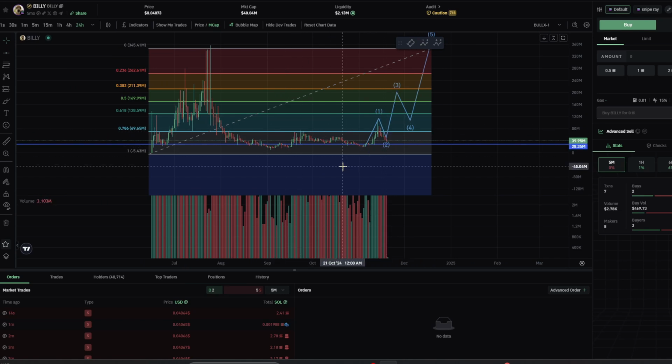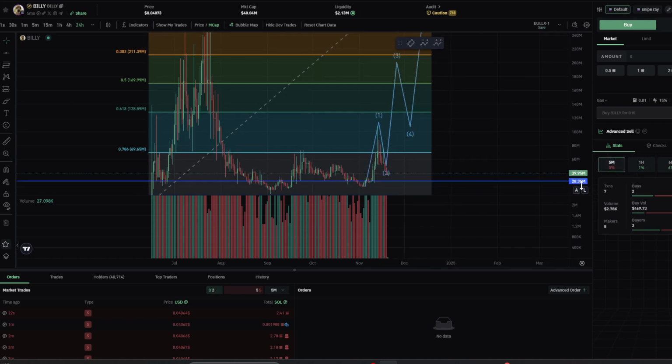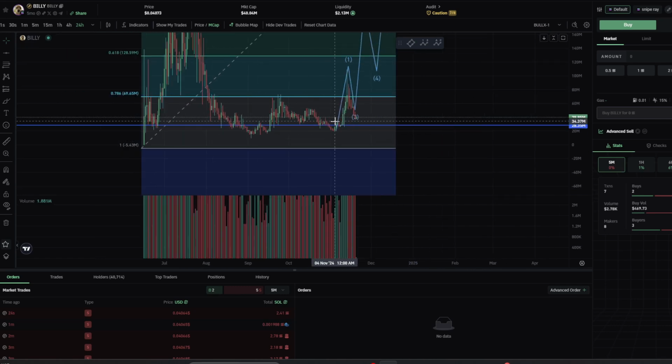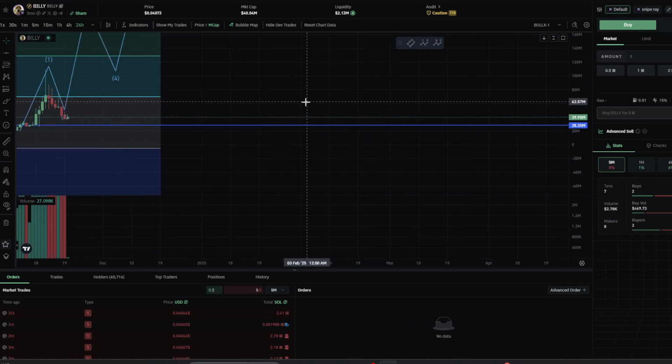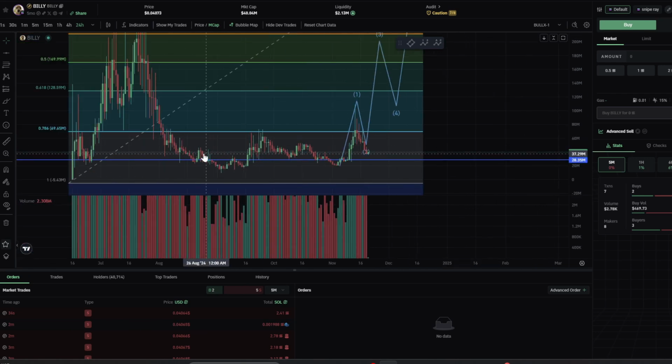Obviously, it hasn't really done much since then, but I fully expect this thing to start running again. So right here at the 39 mil, that's a good entry. In fact, it may come back here and test a 30 mil, and I'd be totally cool with that. But this one is one that I will grab right here because we've already sort of formed a bottom here.